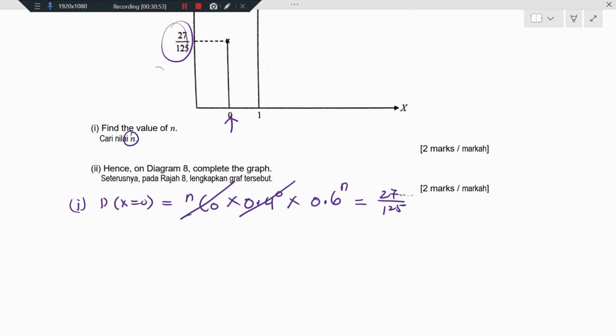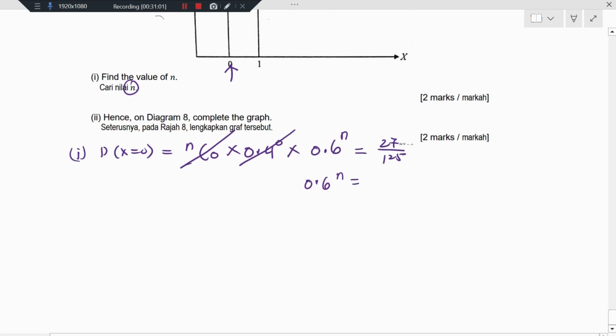Okay, we're going to solve this. 0.6 power n is equals to 27 over 125. Can we simplify that? No. So no choice, we use the log, better. Actually, you can use indices also, but log is preferred. But I'll show you the indices after log first.